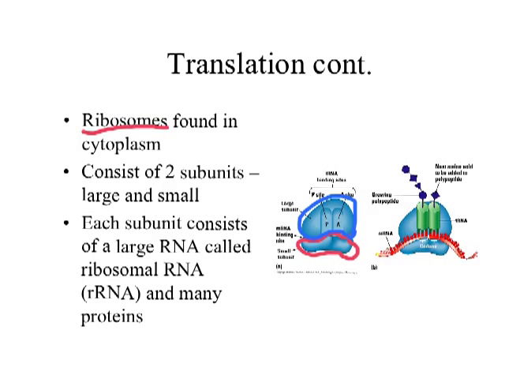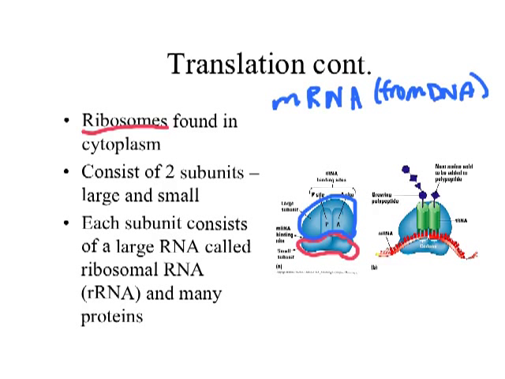Okay, each subunit is going to consist of a large RNA called ribosomal RNA, and lots of different proteins inside to hook the amino acids together. So let's not confuse ourselves with all the different kinds of RNA. We've got messenger RNA, that is made from the DNA. Okay, so that's from DNA.